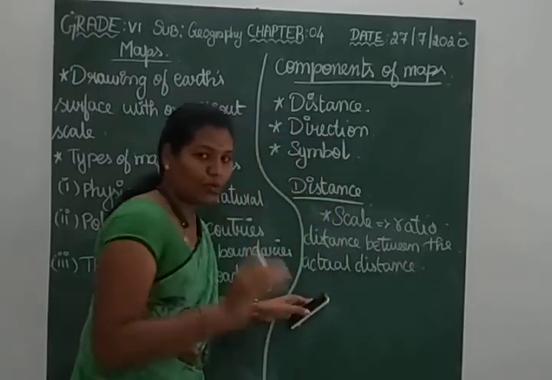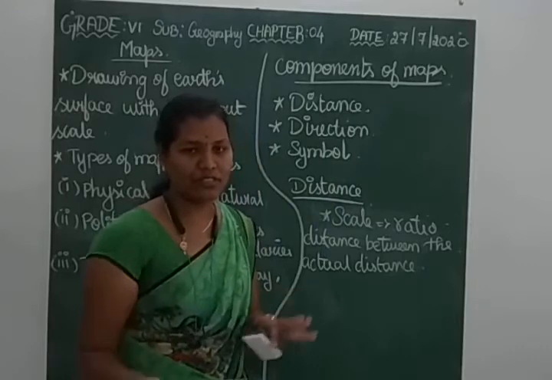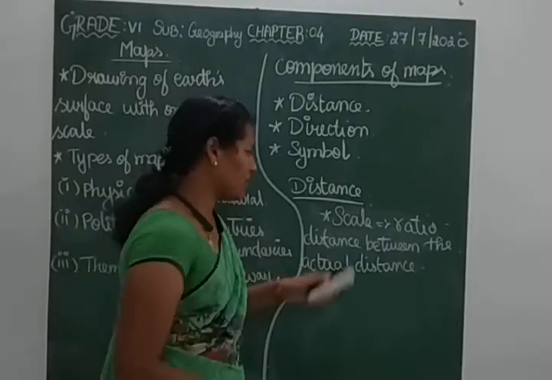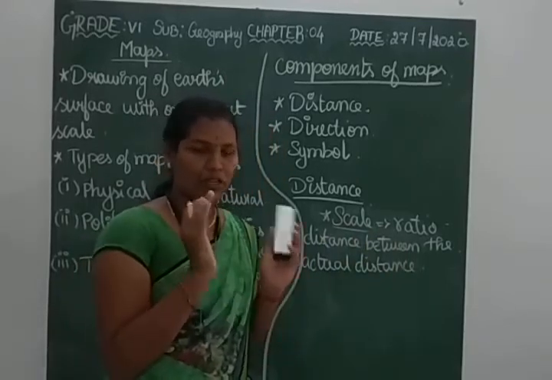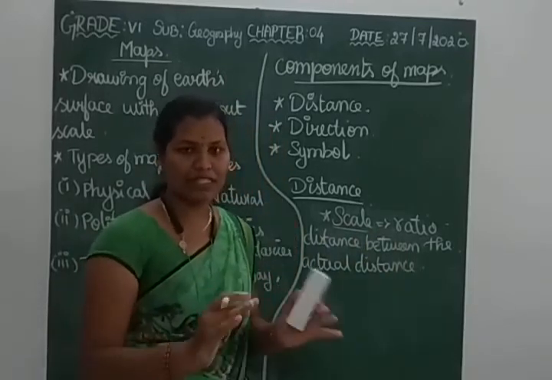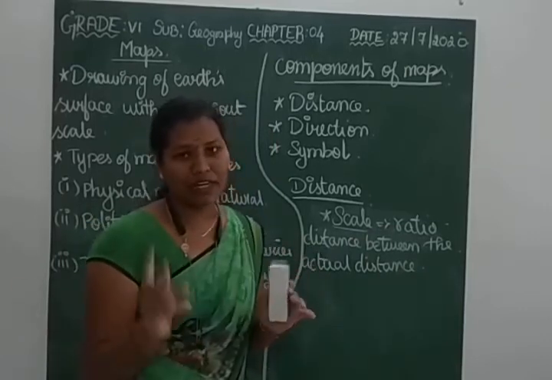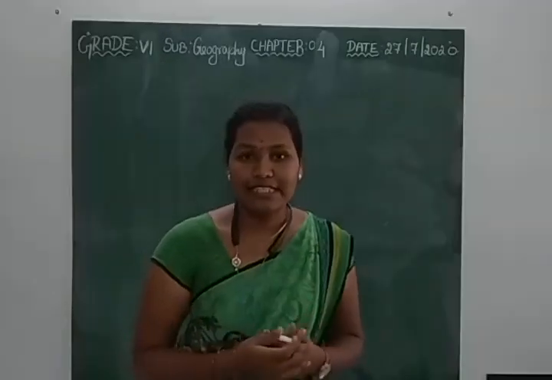Which means the actual distance of the place will be represented equally in the map. That is scale. A map will be drawn using scale or without scale. With scale means how the centimeters are measured. They are explained in two types, large scale map and small scale map. About the distance we learn.